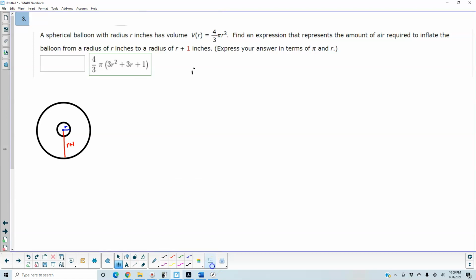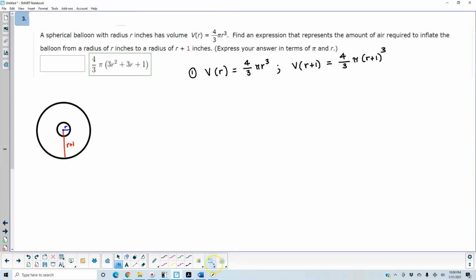We have volume 1 of r, which is equal to 4/3 pi r cubed. And then we have another volume of r plus 1, and that's going to equal 4/3 pi times r plus 1 cubed.